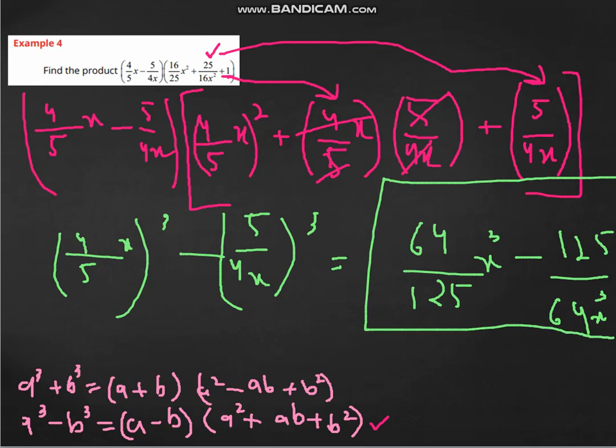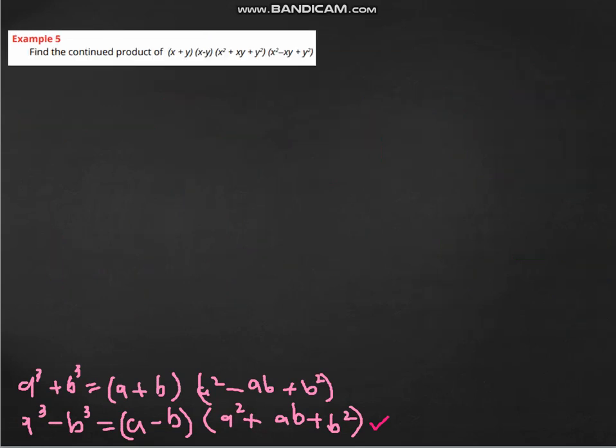Now one more question and we'll be done. This question says we need to find the continued product of these 4 brackets that are given in here: x plus y, x minus y, then x squared plus xy plus y squared, and x squared minus xy plus y squared. Now let's see what we can do.